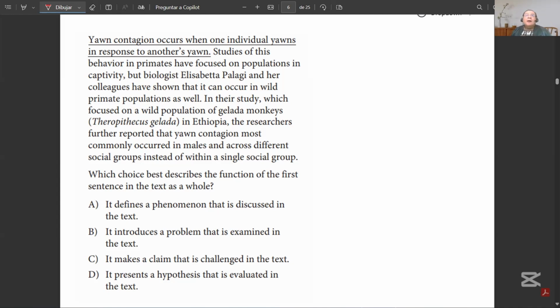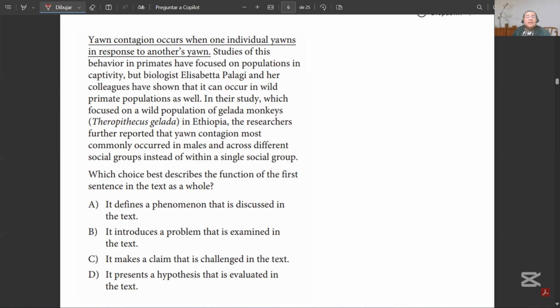A first approach to this question could consider that in statements that appear at the very beginning of a paragraph, we usually may find the topic of the paragraph. And this is the case. The paragraph talks about yawn contagion and its occurrence socially, particularly in some animals.